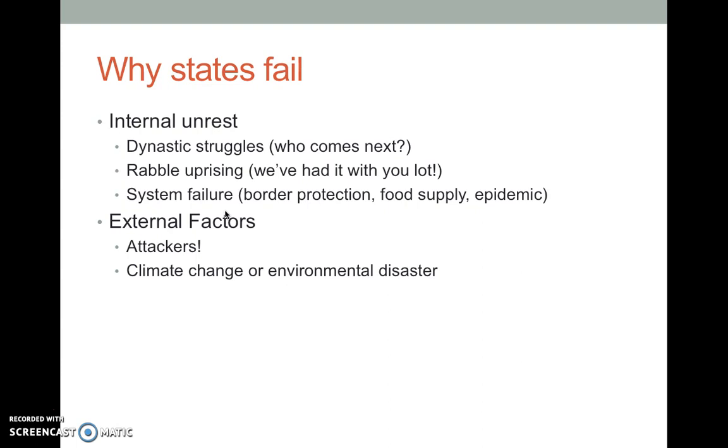We also see evidence of system failure, when empires are too big to be protected, or when populations overspend the food supply, or there's an epidemic that can't be stopped.